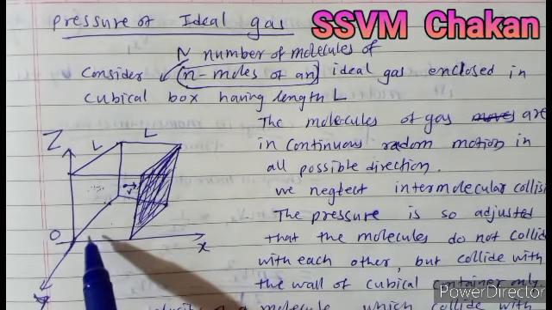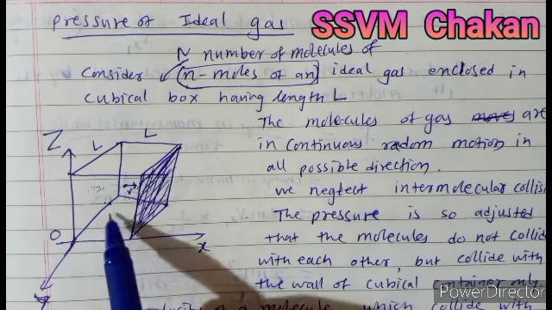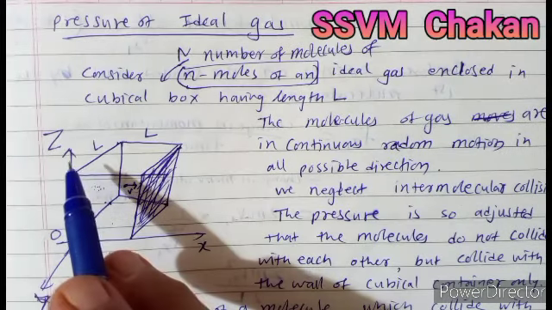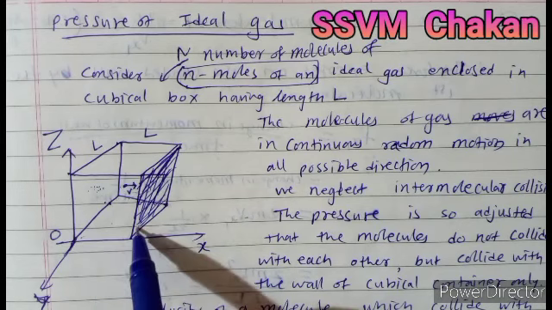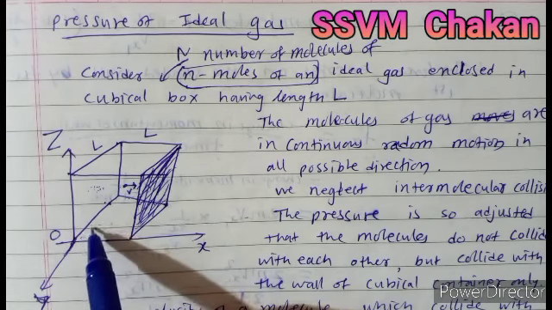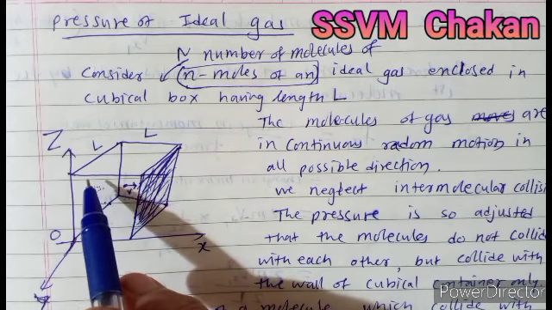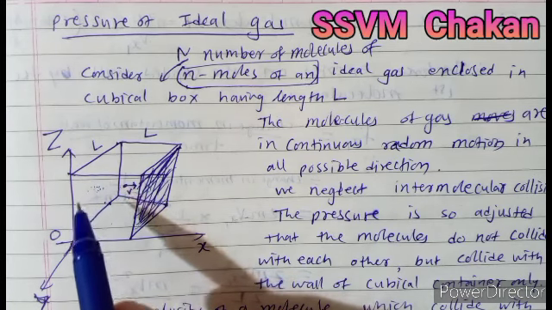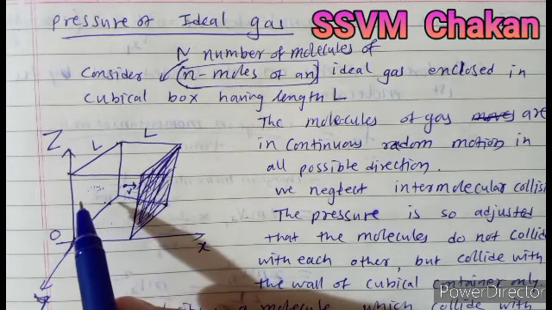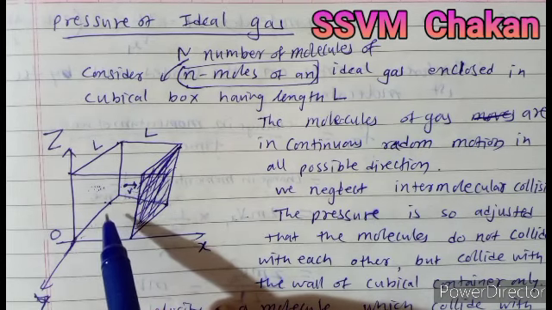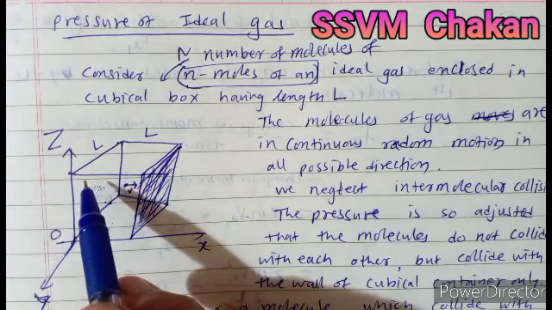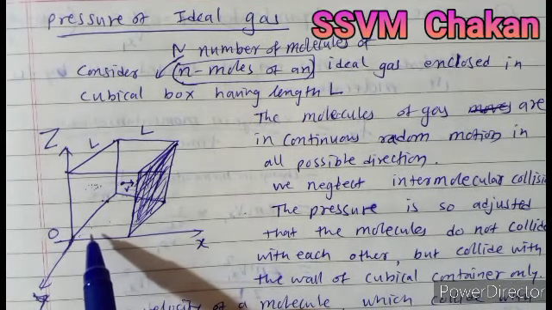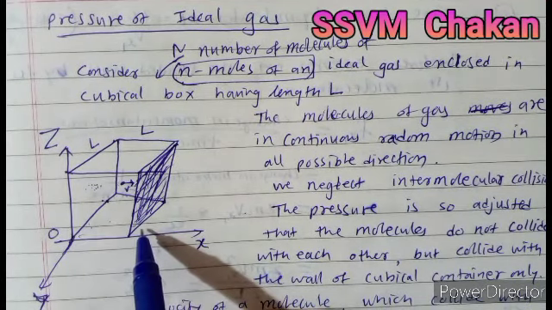The gas molecules travel along the x-axis, the y-axis, and the z-axis, so they have velocity components along all three. But for simplicity, initially we are not considering the motion along the y-axis and z-axis. We only consider the motion of a gas molecule along the x-axis.